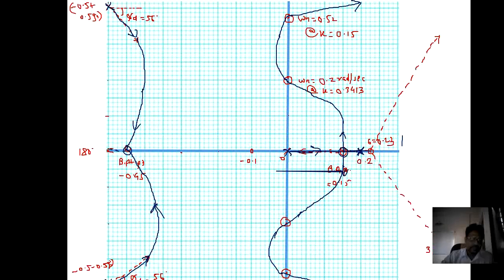The remaining asymptote is at 180 degrees, and this is the zero, so one branch will end on this zero and the remaining branch will go to infinity along the asymptote.